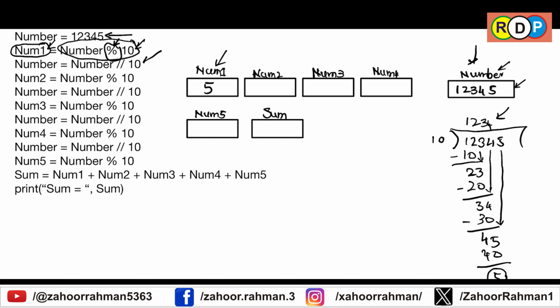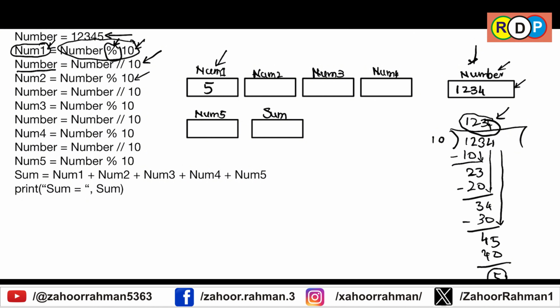Now I will use this one as a number slash slash. This is integer division. So what it will do, it will give you this answer. I'm not performing it again. So the new value of the number variable will be, now with this number again we are dividing this 4, 1 2 3 4, because this one is removed.